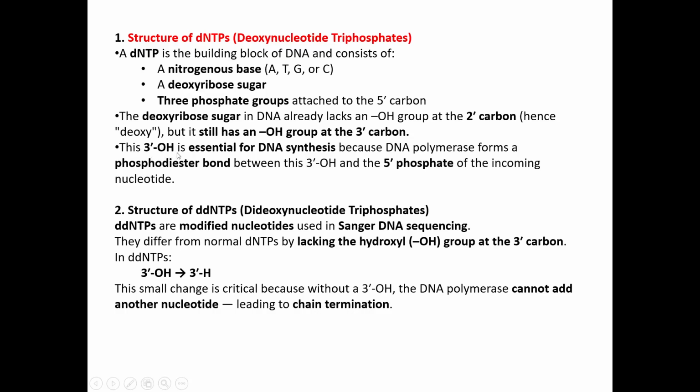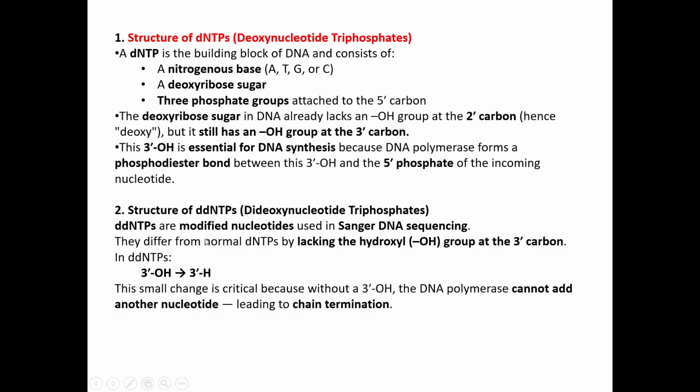So this 3' OH is essential for DNA synthesis because DNA polymerase forms a phosphodiester bond between the third OH and the fifth phosphate group of the incoming nucleotide. So during DNA synthesis, we know nucleotides are attached to each other between the third OH group of the previous nucleotide and the fifth phosphate group of the incoming nucleotide.